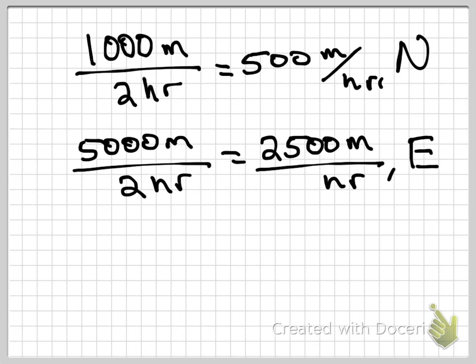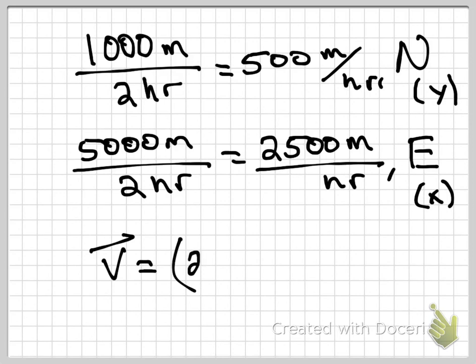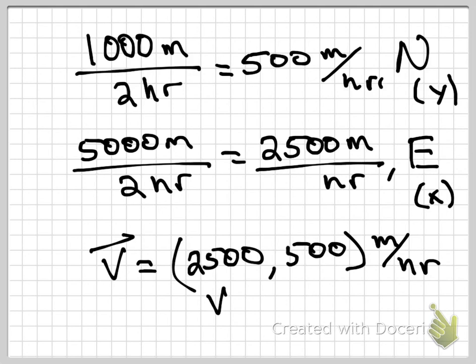Remember east is x and north is y. So essentially we can write that his average velocity in vector format was 2,500, 500 meters per hour. That's his Vx and that's his Vy.